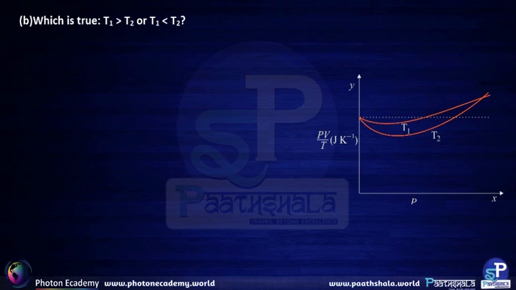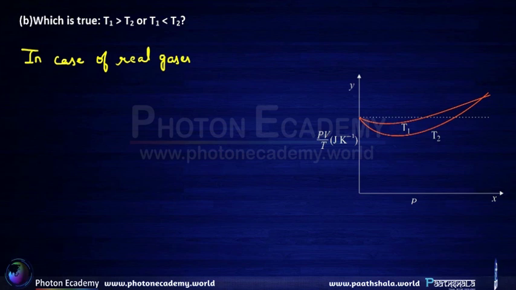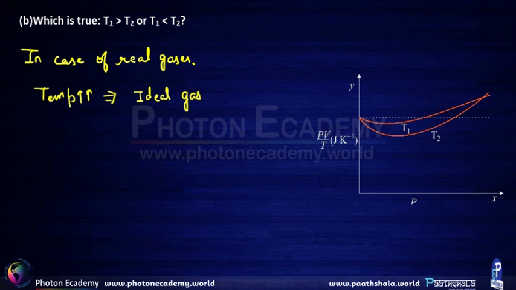Which is true, T1 is greater than T2 or T1 is less than T2? So as we know, in case of real gases, the more the temperature, the more it will behave like an ideal gas. As we can see here, the plot representing T1 is much closer to the dotted line.